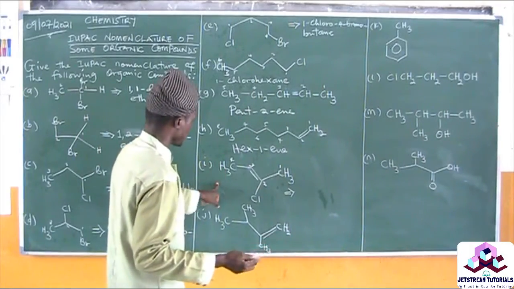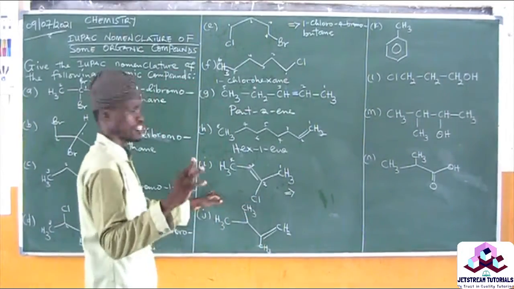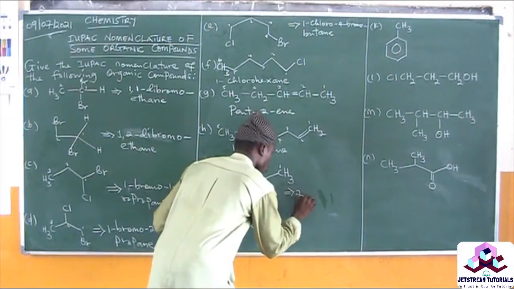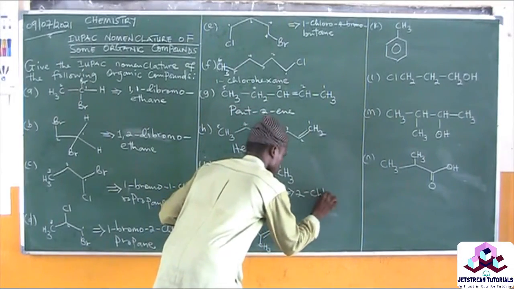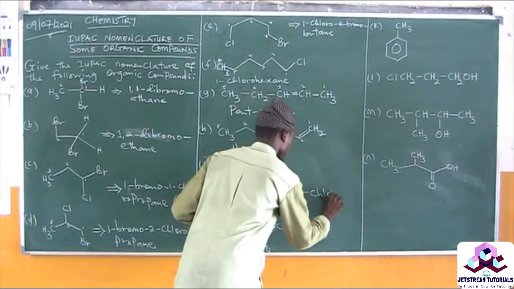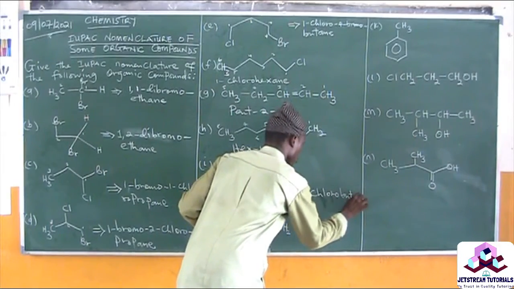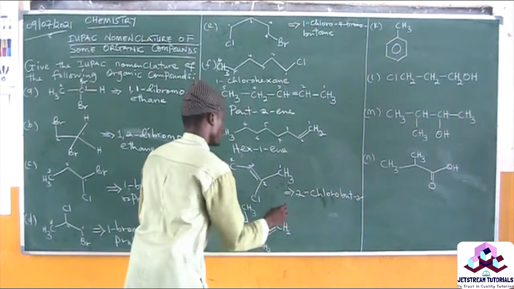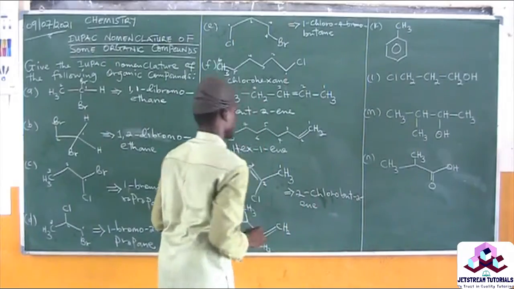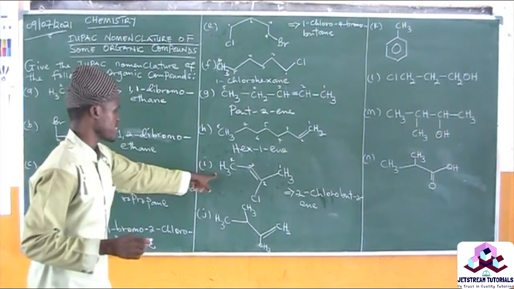Can we say that? 2-chloro but-2-ene. That is what we have here.